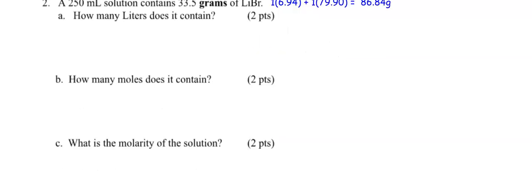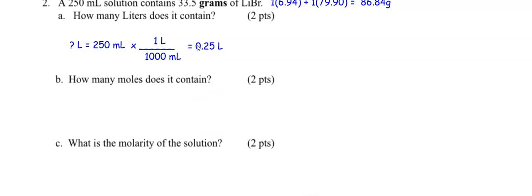So the first question is, how many liters does it contain? All right, well, let's see here. How many liters is 250 milliliters? Well, what unit has to go on the bottom? Milliliters. So how many milliliters are there in a liter? 1,000 milliliters equals 1 liter, and so I divide and I get 0.25 liters.